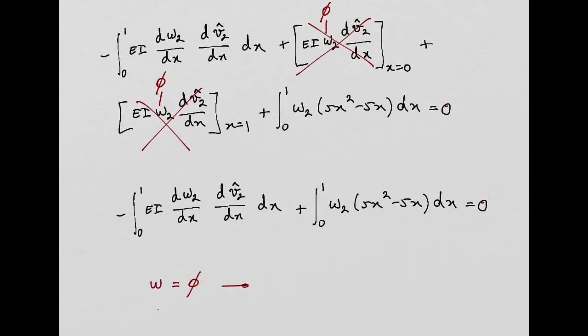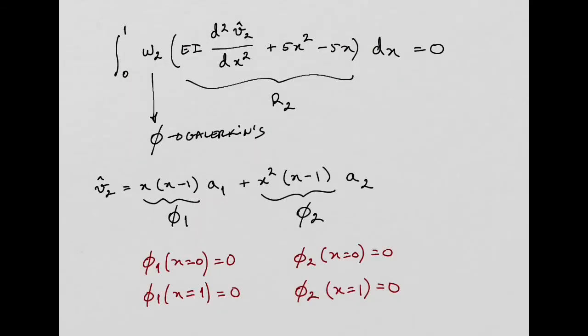So this is for Galerkin's method, okay? And if you evaluate then the shape functions at x equal to 0 and x equal to 1, you can clearly see, so if we go back here, so the shape functions, they are here.